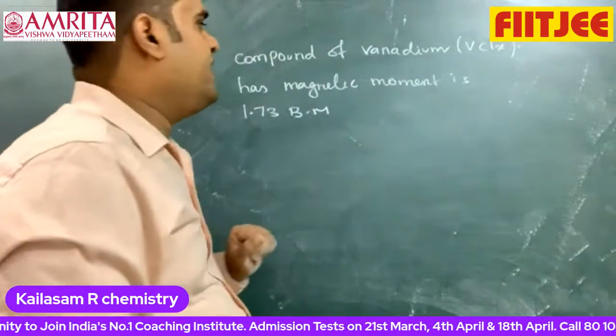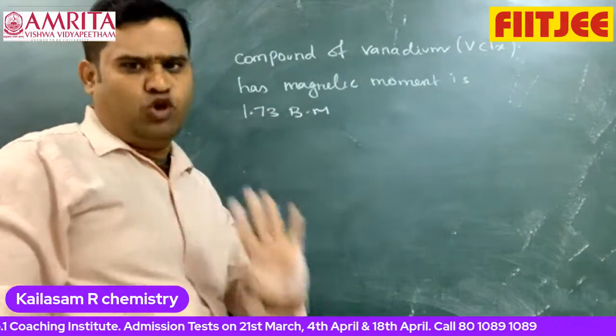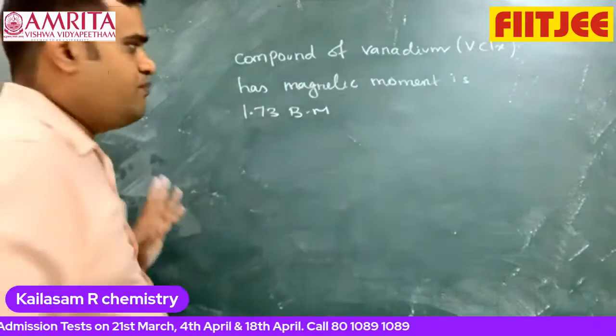Okay, the chloro compound of vanadium has the magnetic moment 1.73 Bohr magneton. Find the formula of the compound.